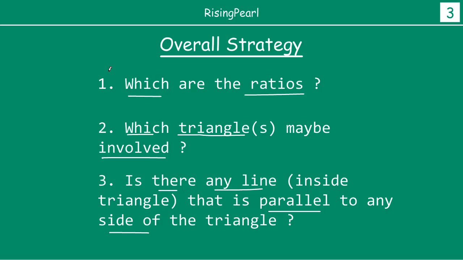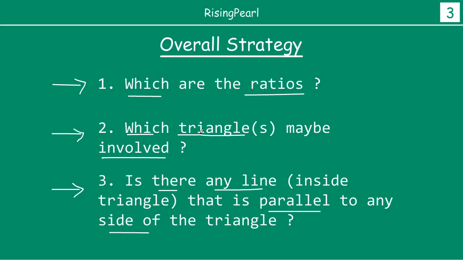So I have just listed them as 1, 2, 3. It does not really mean that step 1, step 2, step 3. These are the very basic things that we are always going to be on the lookout for when we solve questions related to similar triangles. As you can see, they are all related.